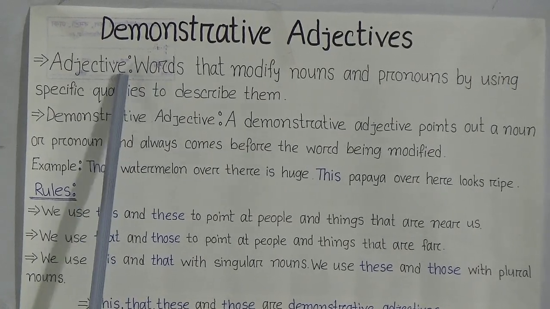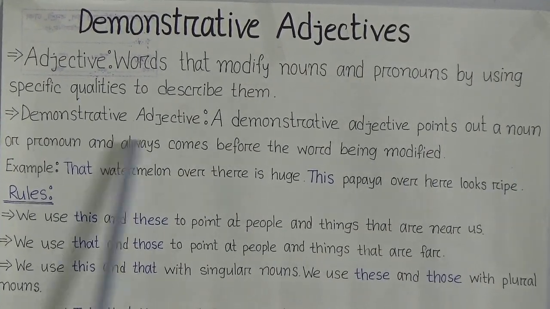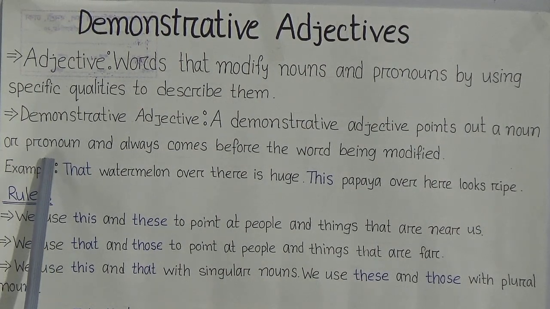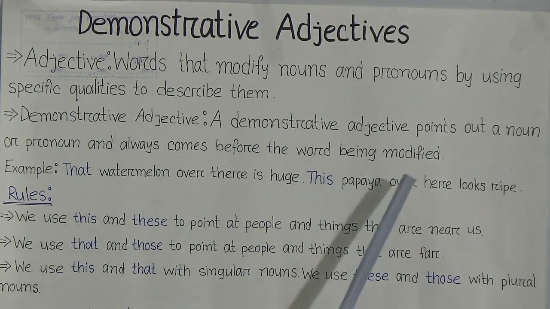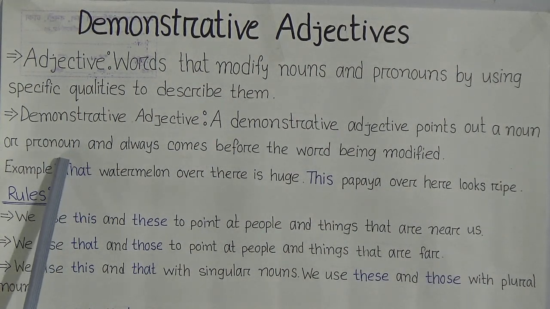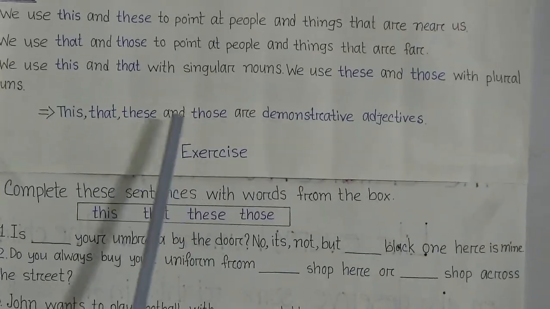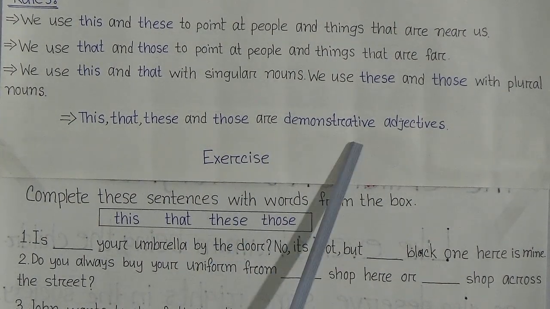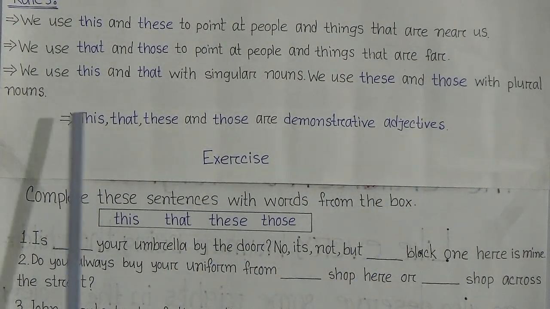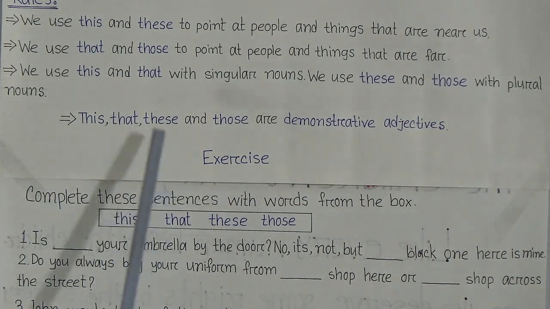Like an adjective, a demonstrative adjective also modifies a noun or pronoun, but the difference is it sits before the noun or pronoun. You can remember that this, that, these and those are demonstrative adjectives. If you remember these words, you can easily identify demonstrative adjectives.